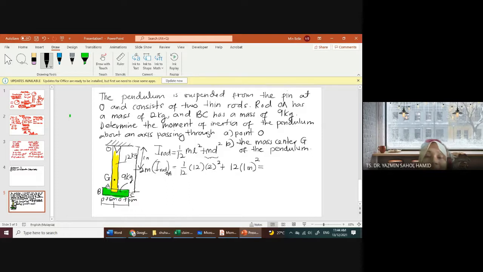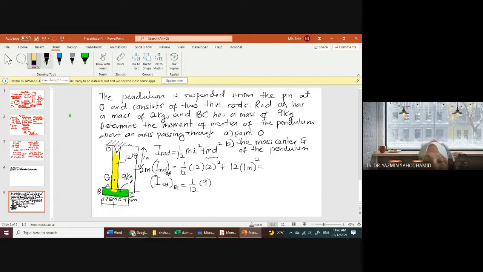Okay, tolong calculate. And then we have to do for I rod juga, tapi for BC pula. So formula sama 1/12, mass is 9. But now what is the L, the length?